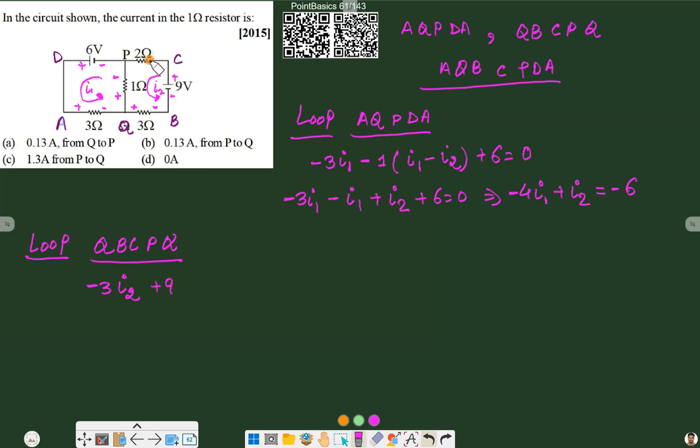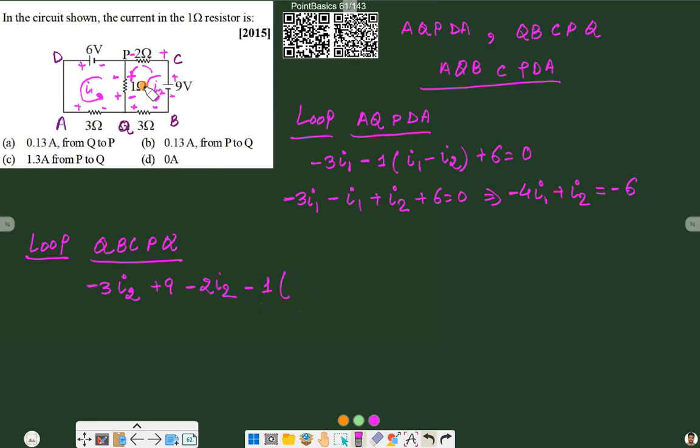Then we encounter a resistance of 2 ohm. Current is flowing like this, so this terminal will be positive and this terminal will be negative. So positive to negative, negative, so minus 2 I2. Now for this loop, we consider that I2 is greater, so current will be entering from here and leaving from here, positive to negative, so minus 1.